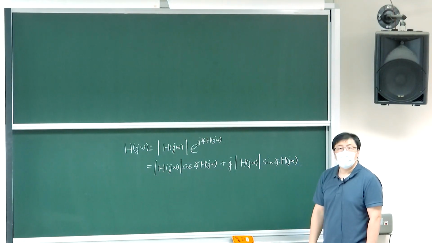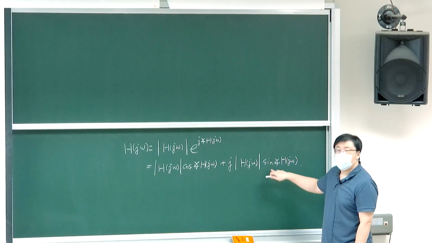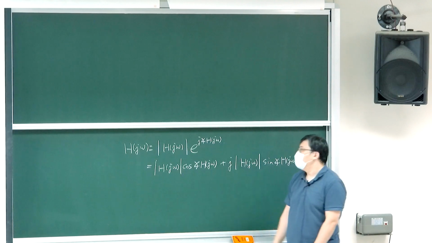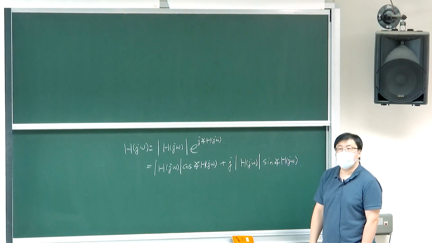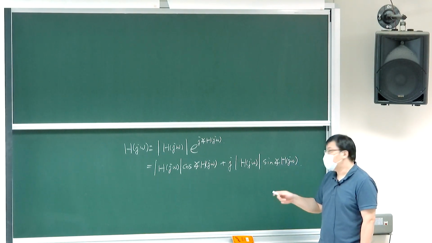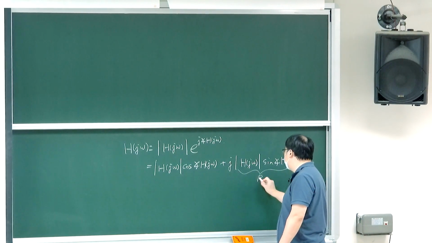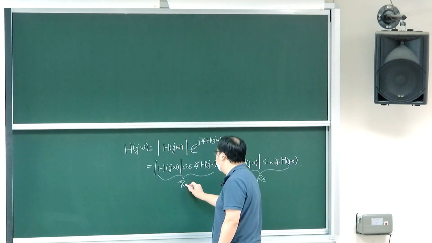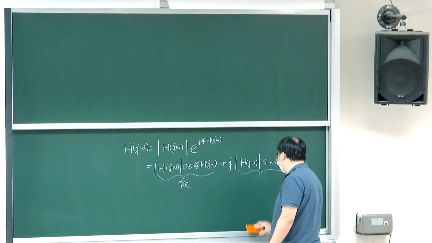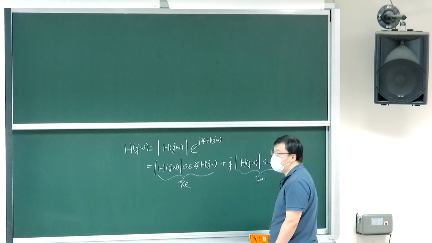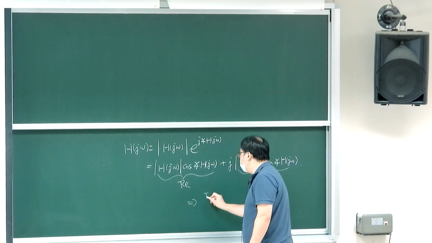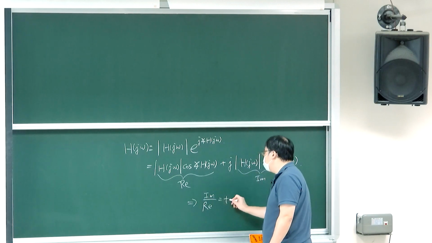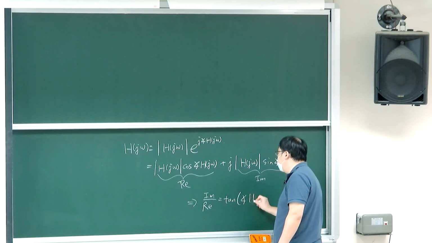So if you divide the imaginary part by the real part, what you get is tangent of the phase of h.